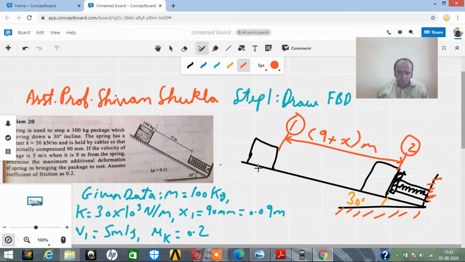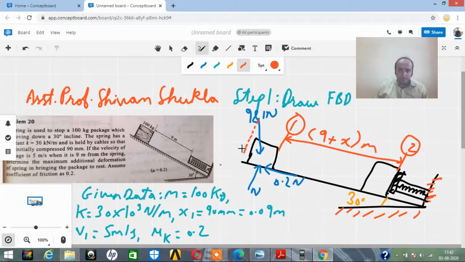Friends, now I can show the forces. This is the normal reaction N. This is the frictional force 0.2 N. This is the weight which is acting vertically downward, which is nothing but 100 into 9.81 Newton, so 981 Newton. I can resolve it accordingly.